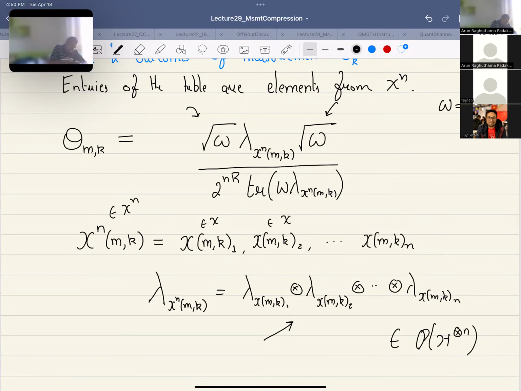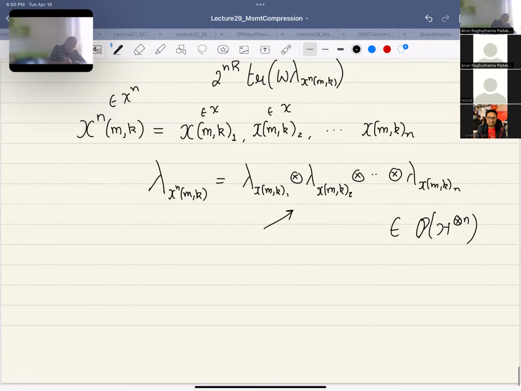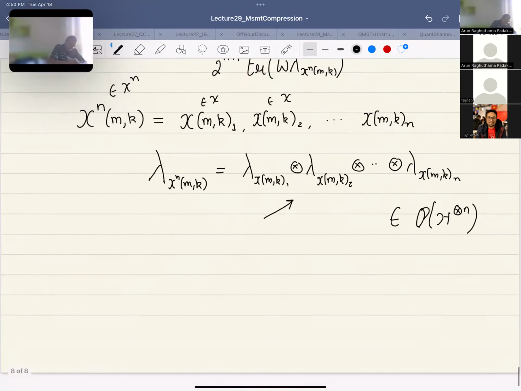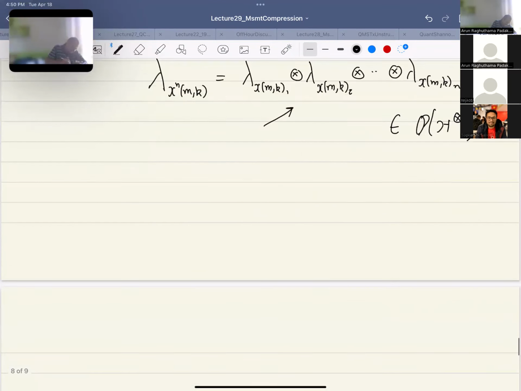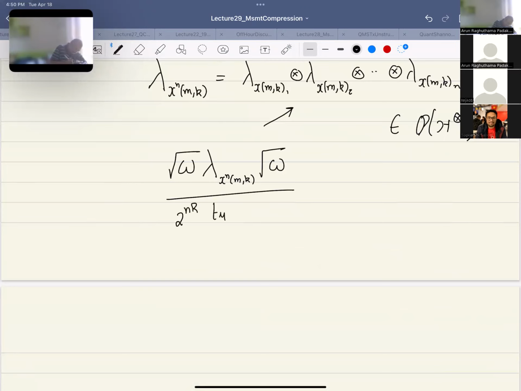I know this is very hard, but I'll first explain the object and then the intuition behind it: root omega lambda xn of m comma k root omega divided by 2 power nr trace omega lambda xn of m comma k.